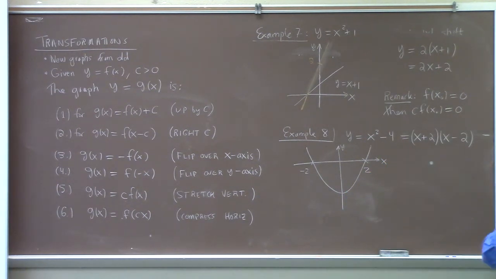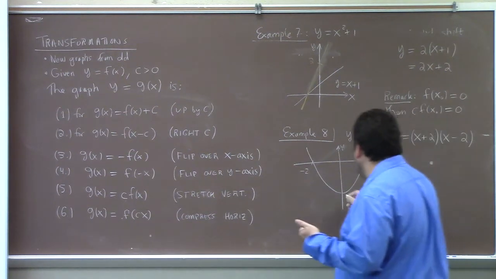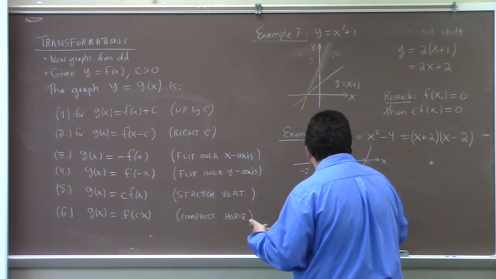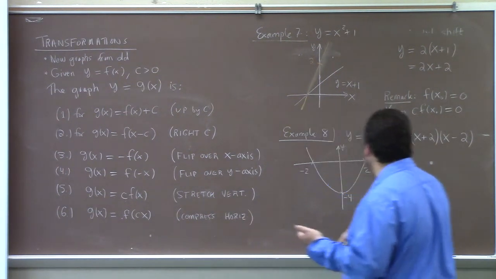We can use the things we know in concert: transformations of graphs, that knowledge we can marry with what we already know about completely factoring polynomials. When we completely factor a polynomial, that shows us where the x-intercepts are, if there are any. In this case, there are x-intercepts at plus and minus 2. So we get three easy things: this is at minus 4, and these are at 2 and minus 2.